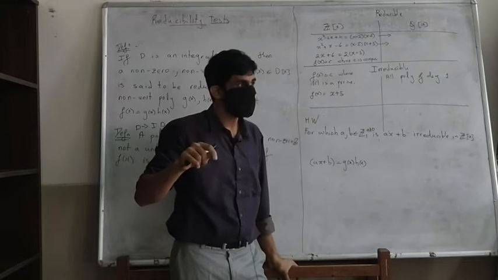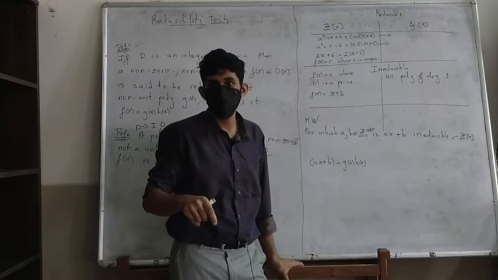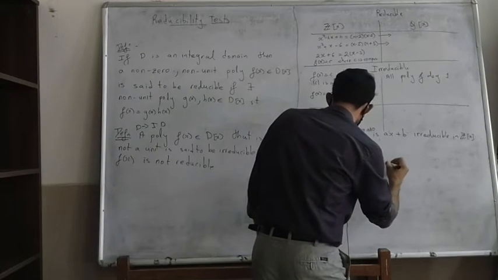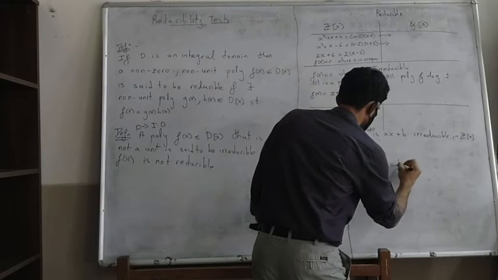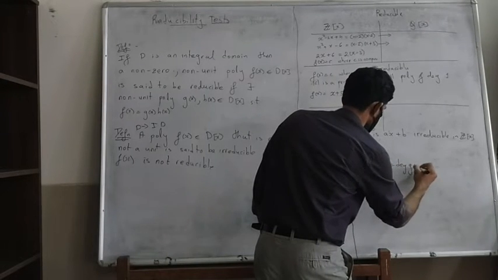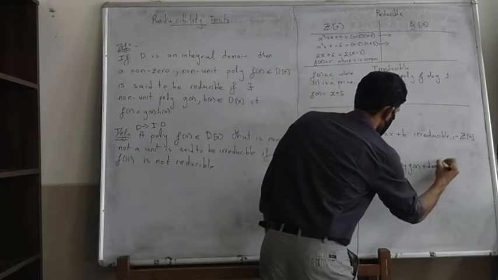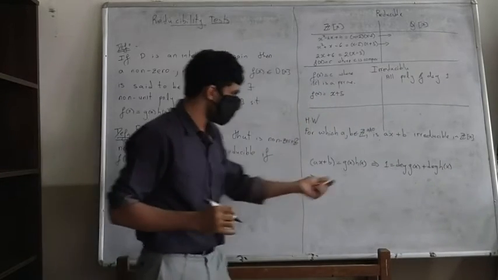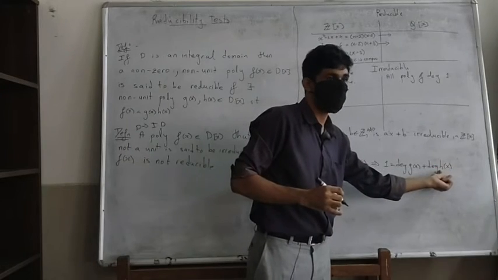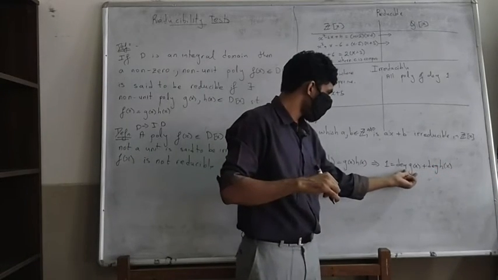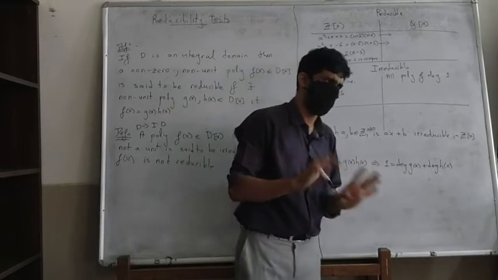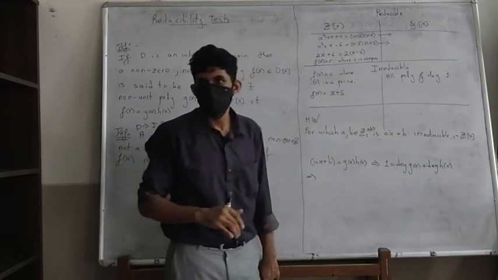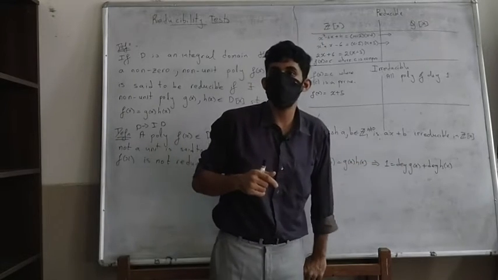Either the degree of g is 1 and the degree of h is 0, or the degree of g is 0 and the degree of h is 1. Let us say that the degree of g is 0 and the degree of h is 1. What do you mean by saying that the degree of g is 0?